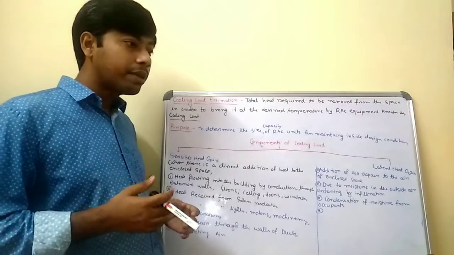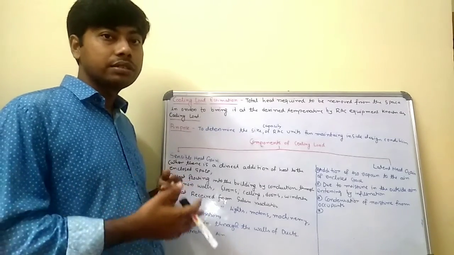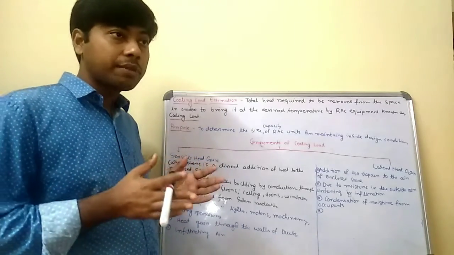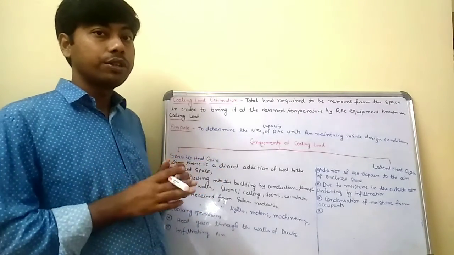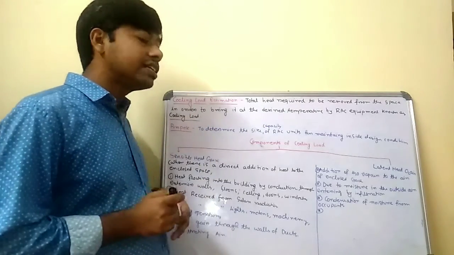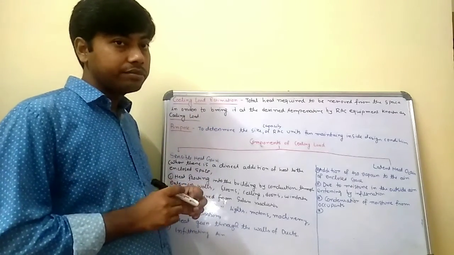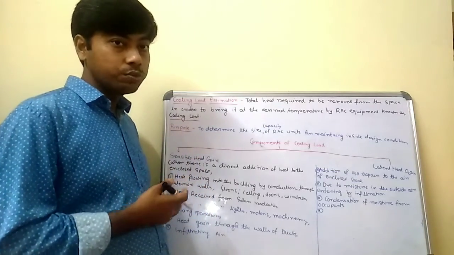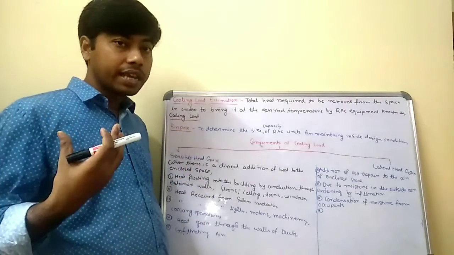And we will see what is the amount of heat absorbed due to the sensible heat gain, due to various factors, and that amount of heat should be rejected when you install air conditioning equipment. Okay, and as well as latent heat gain, there are some parameters by which latent heat gain is possible within this room. So this amount of heat should be extracted from the room.